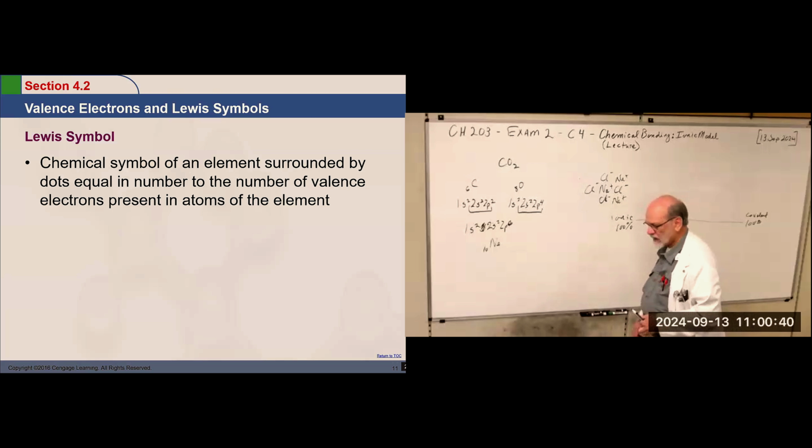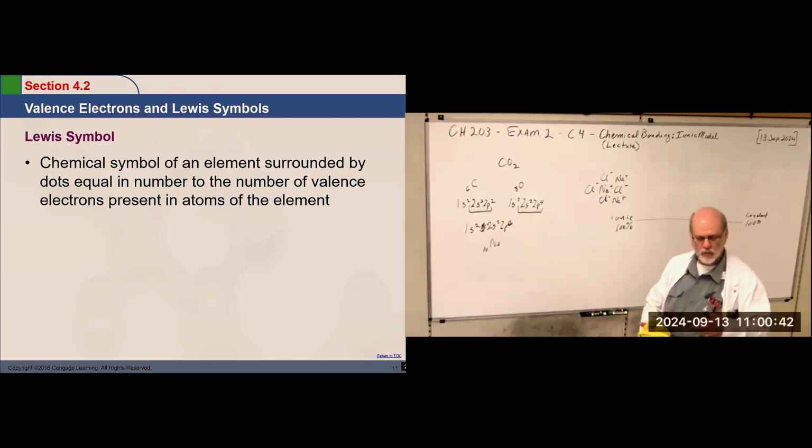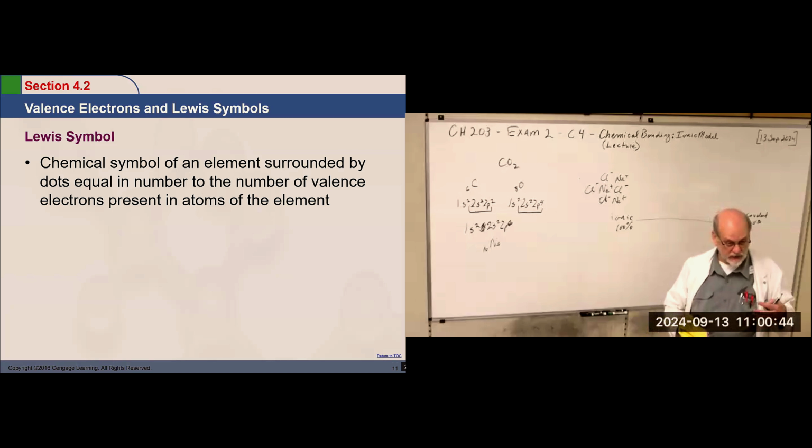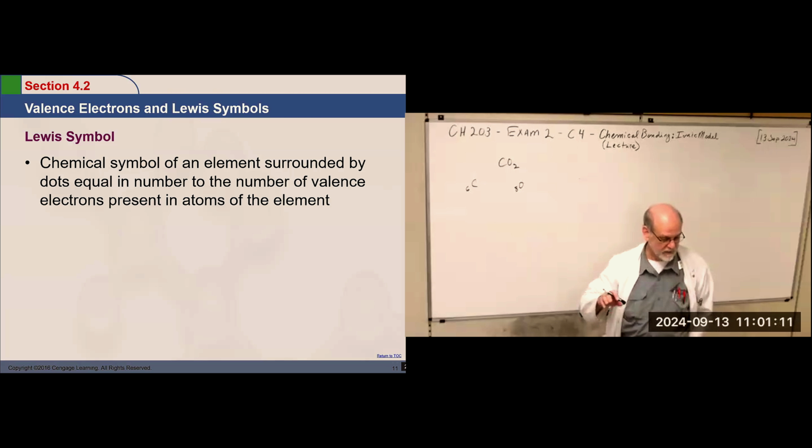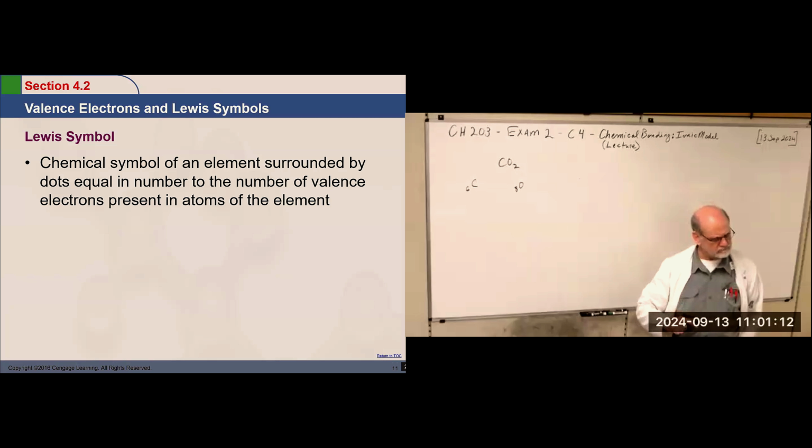Okay, one of the ways to visualize the octet rule and use it for chemical reactions, and this is where it'll work a whole lot better for carbon dioxide if we do it this way. Let's see, let's erase that. Is the Lewis symbol or the Lewis dot structure for elements. G.N. Lewis was a brilliant chemist, an American.